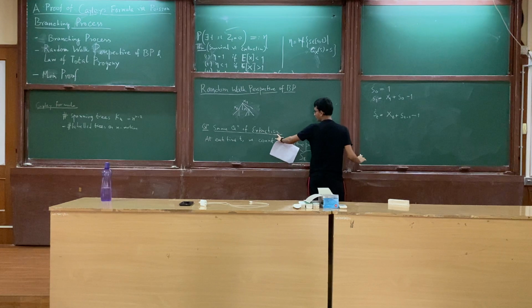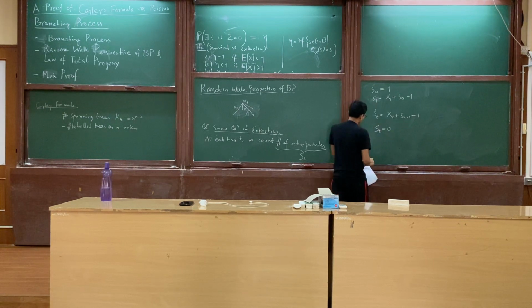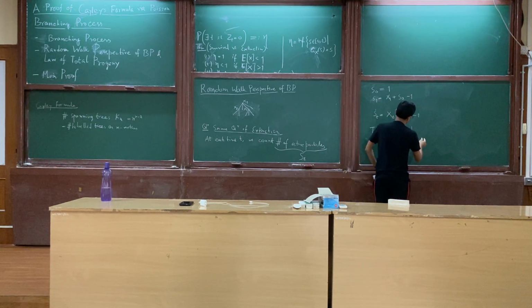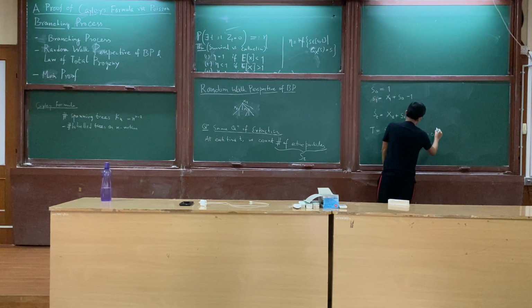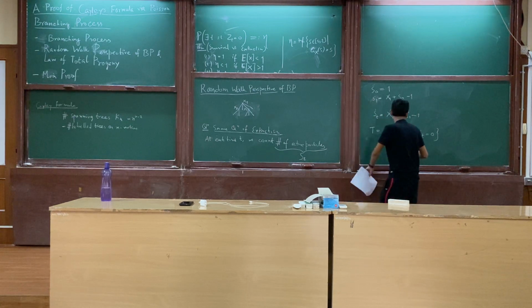So to compute the probability of extinction, when will it get extinct? Say we would like to know when this S_t will be 0, so that there are no active vertices at that time. So let's take T to be the t such that S_t equals 0. So what does that mean?